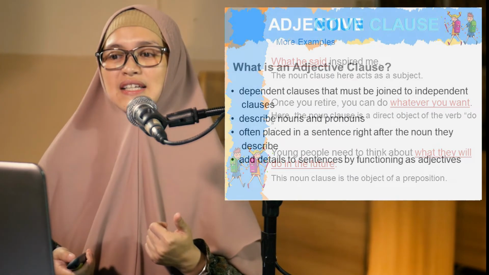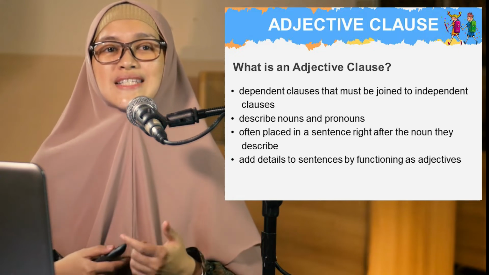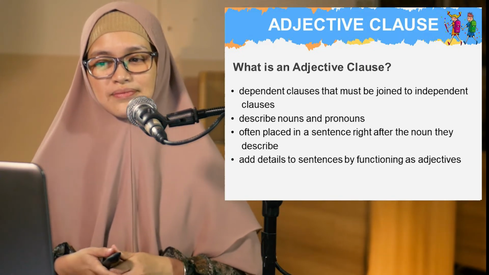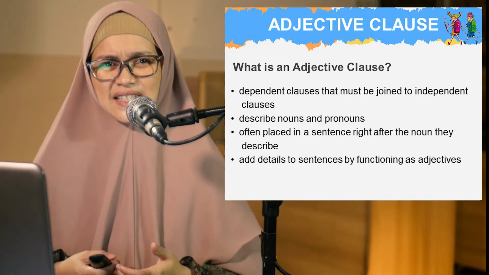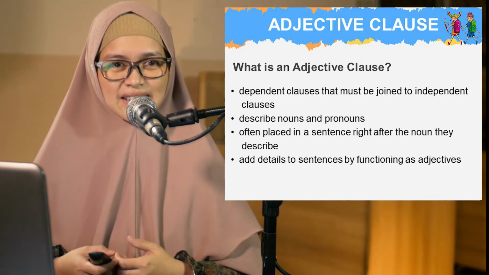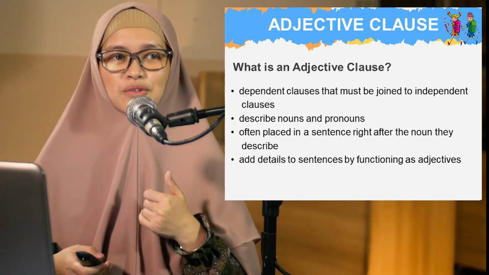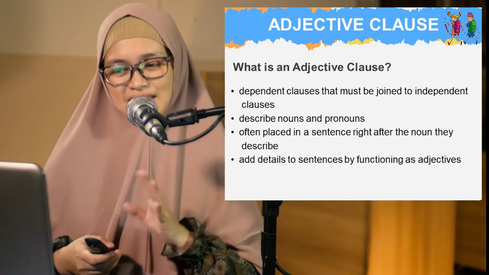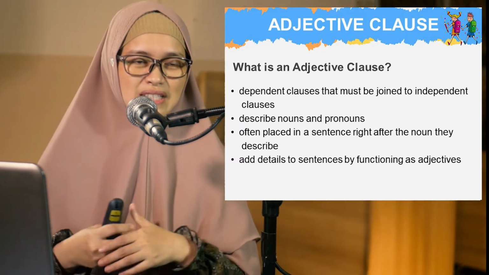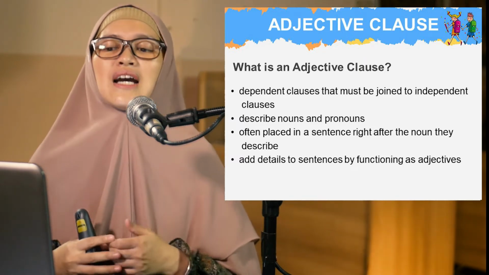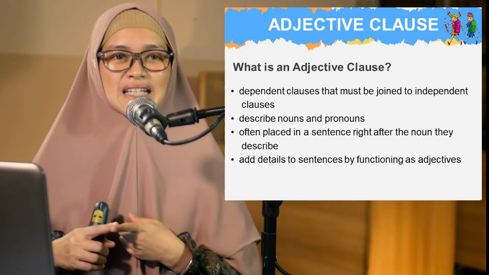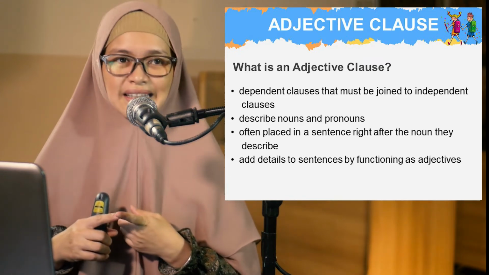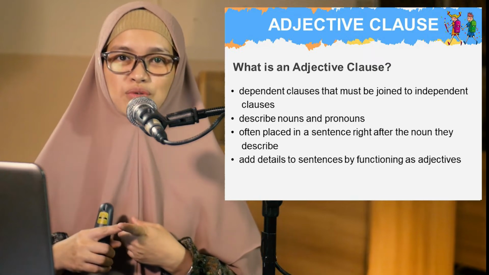Okay, students. Now, let's go on to adjective clause. What is an adjective clause exactly? We have four classes for adjective clause, defining it. It is a dependent clause. It means that it cannot stand on its own.